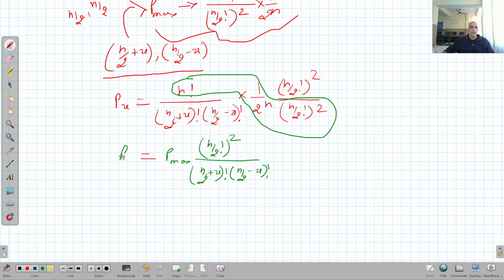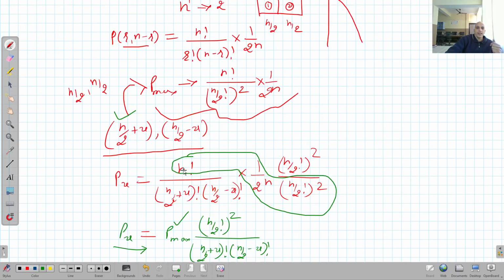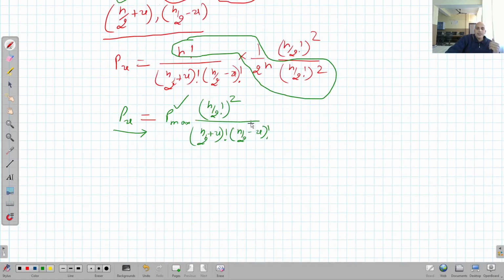So this is now the probability of this new macro state in terms of P max. Now my task is to solve this entire equation. To solve it, I will take the log on both the sides, then I will apply the Stirling formula.